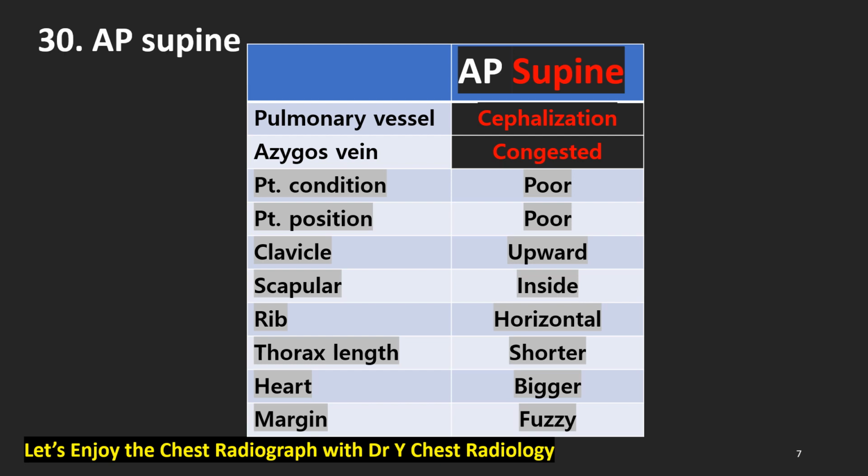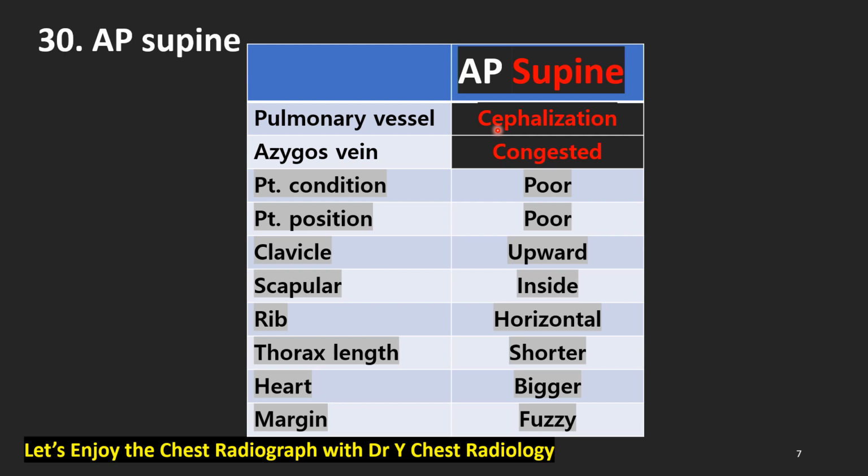Let's focus on gravity on AP supine view. One is pulmonary vessel size. We call it cephalization. In AP supine view, upper pulmonary vessels are getting bigger than PA erect view, and lower pulmonary vessels are getting smaller.